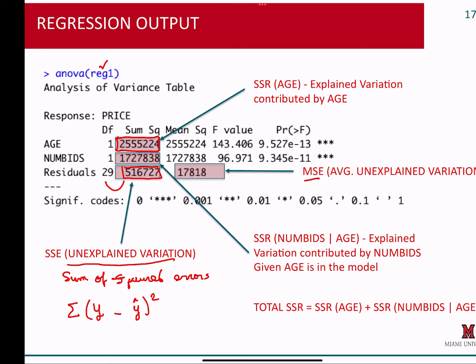Age is a strong predictor because it gets a lot of the explained variation. Now, the SSR for number of bidders means something a little different than we would expect. What it really means in this output is the explained variation of number of bidders given that age is included. So it's an additional explained variation.